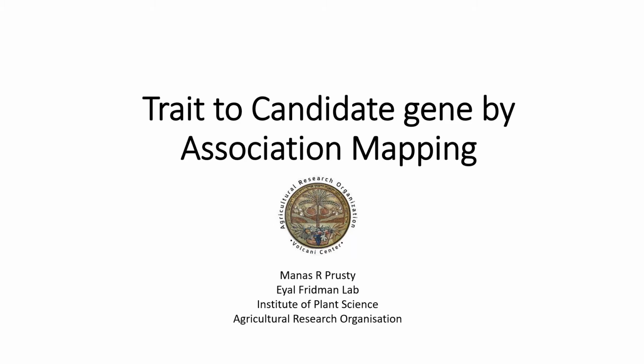Thank you, Matteo, for giving me the floor to explain our work on the CAPITALISE project. Today I'm going to explain how to go from trait to candidate gene using an association mapping platform.